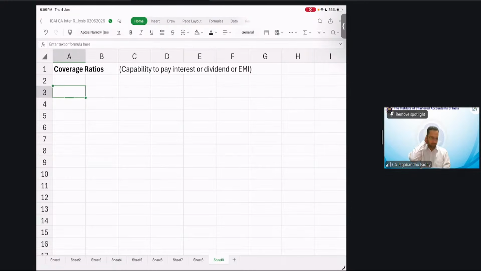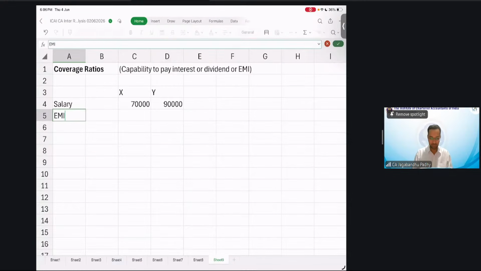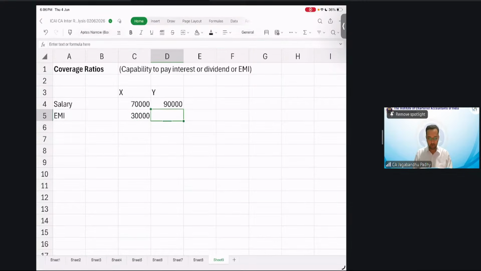Now, suppose we have two persons called X and Y. Salary of X is 70,000. Salary of Y is 90,000. Whom do you think is more capable of paying EMI? Why? Well, you can't answer who is more capable of paying EMI because you need to know the amount of EMI. So let's say X has got an EMI of 30,000 and Y has got an EMI of 40,000.